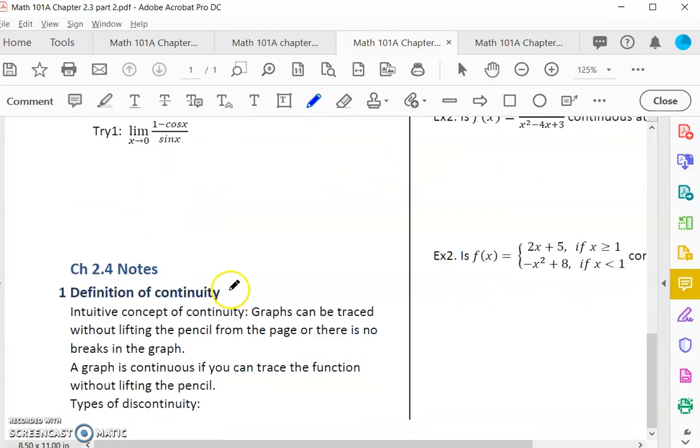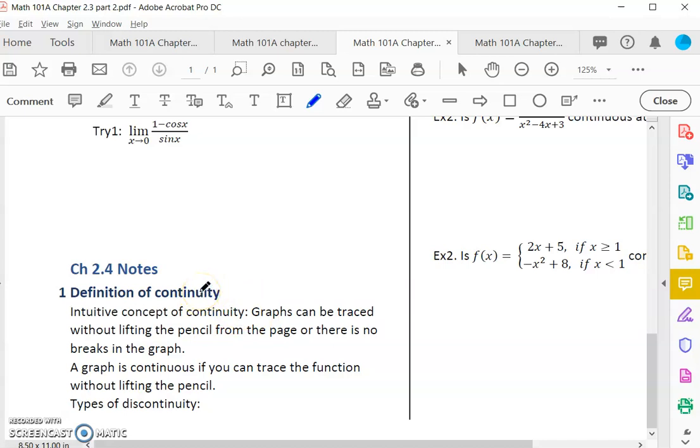So let's go back to 2.4, which is continuity. Why do we do continuity? There are a few uses for the limit chapter. We use it to prove the composite rule.